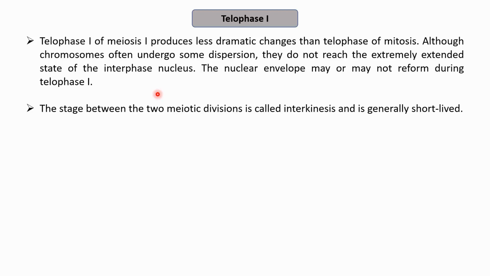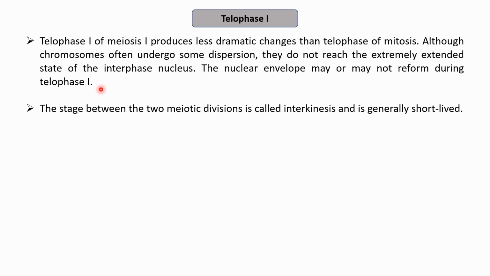All of these activities do not happen as such in telophase 1. The nuclear envelope may or may not reform during telophase 1. So this is the end of the meiosis 1 stage.